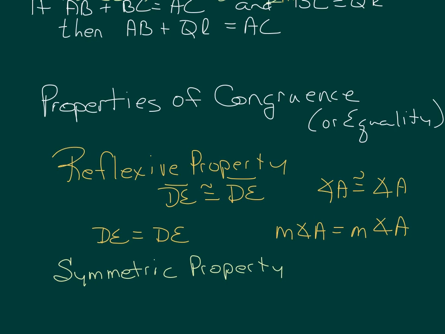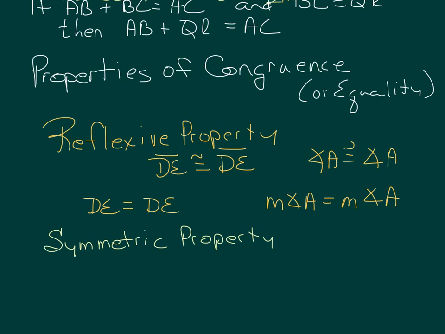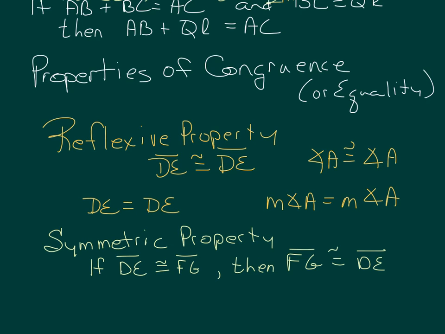An example of the symmetric property: if segment DE is congruent to segment FG, then segment FG is congruent to segment DE. They just switch sides of the congruent sign.